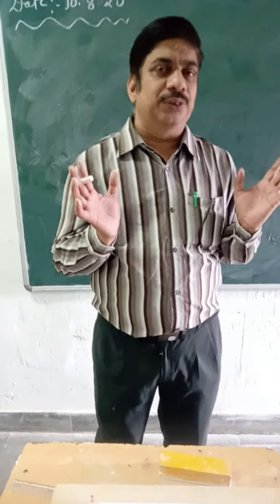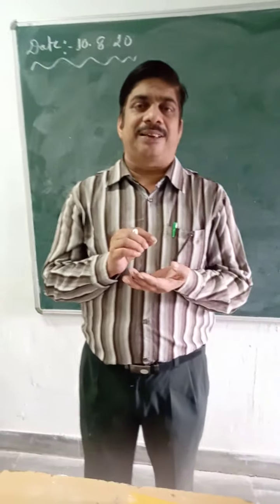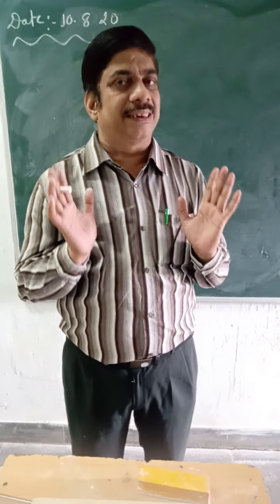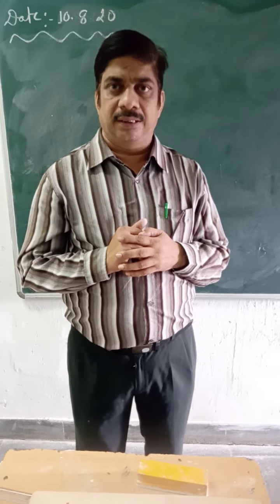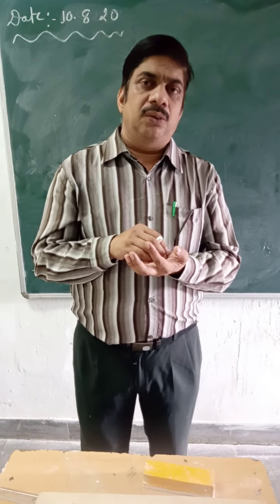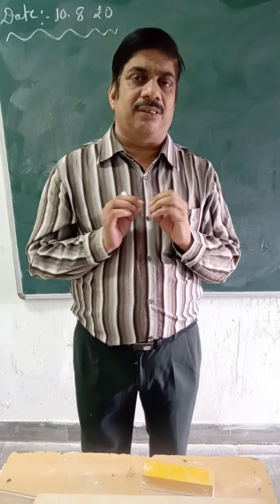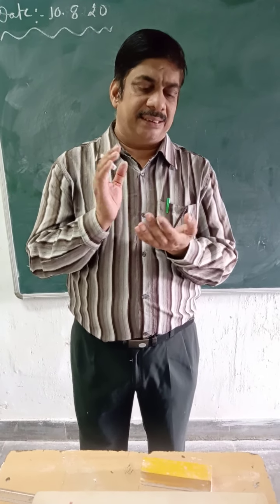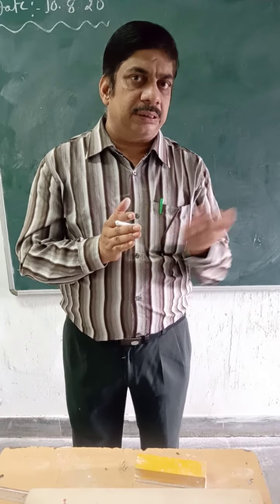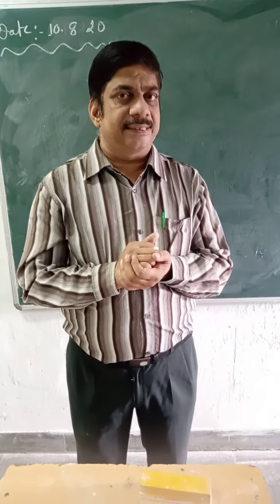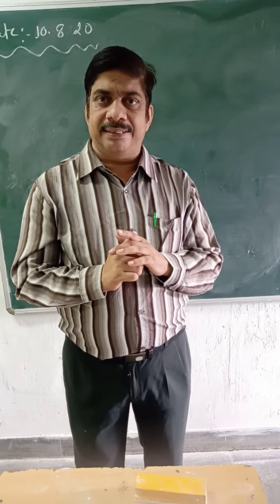In the last video, I have shown the experimental demonstration of the magnetic effect of electric current. Now, what is the quantitative analysis of that one? In the experiment, if the amount of current increases, the magnetic field increases.